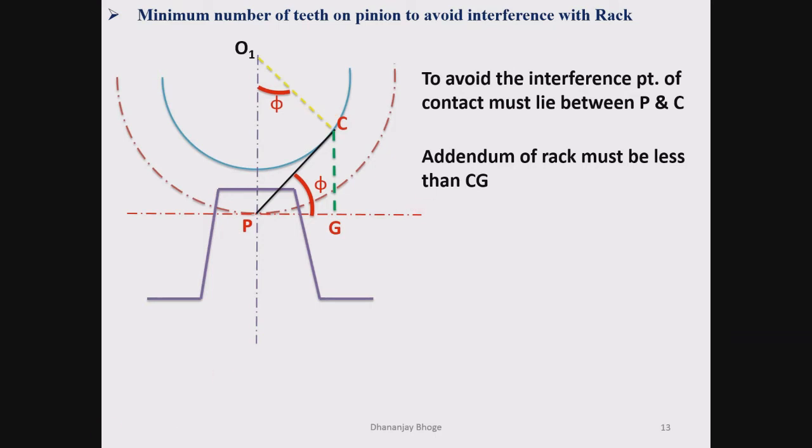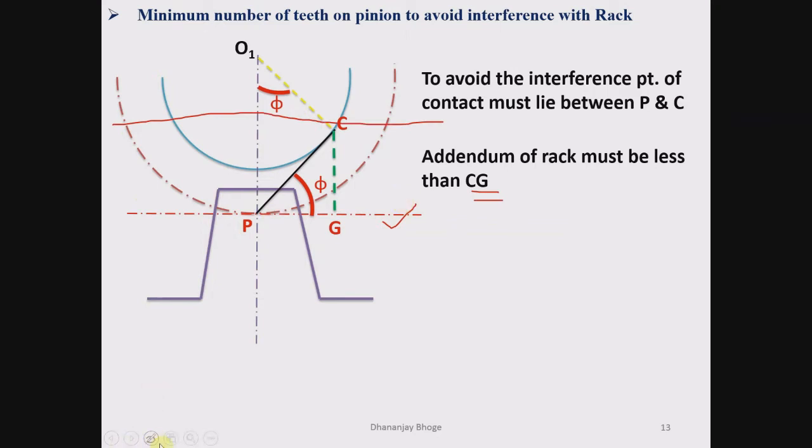So what we can say is that maximum addendum of rack to avoid the interference is distance CG. This is the limiting value of addendum of rack to avoid the interference. This line, if we increase the addendum of rack, we can increase up to this point only, correct?